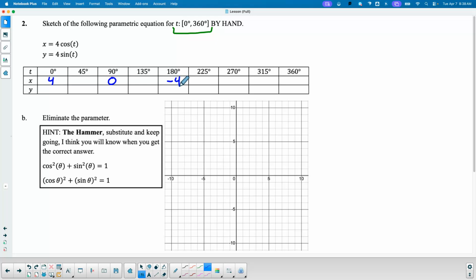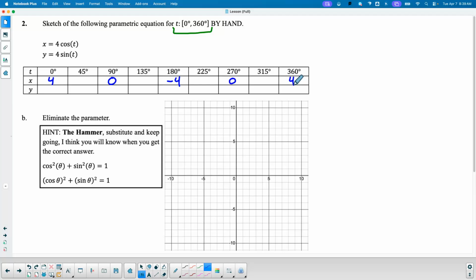At 270, what is the cosine value? 0 times 4, still 0. At 360, what is the cosine value? 1 times 4, still 4. Now we just have the other ones.